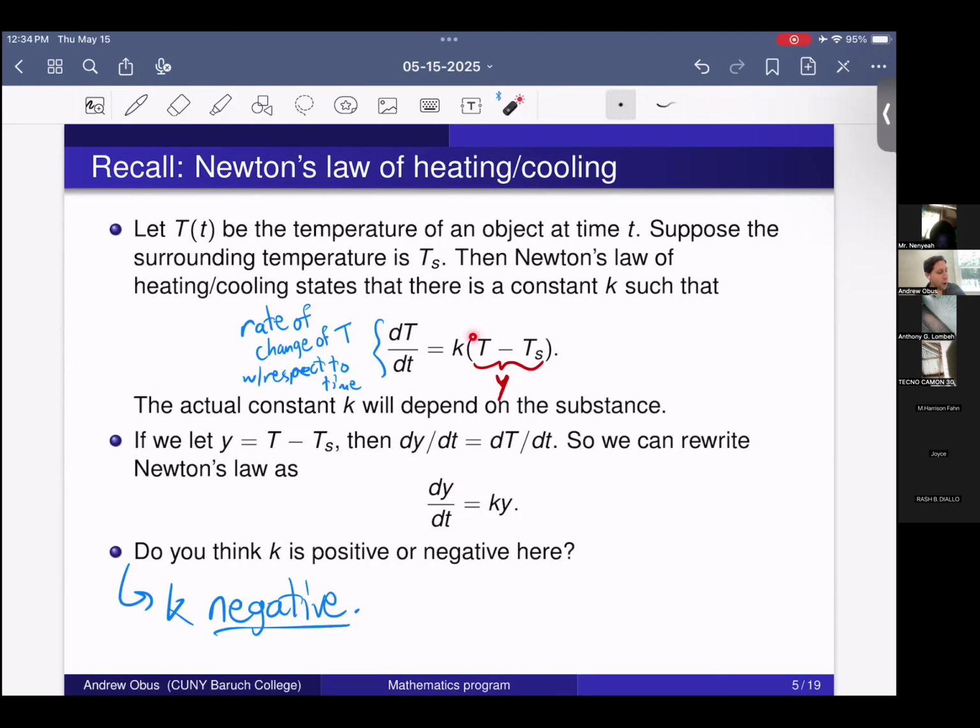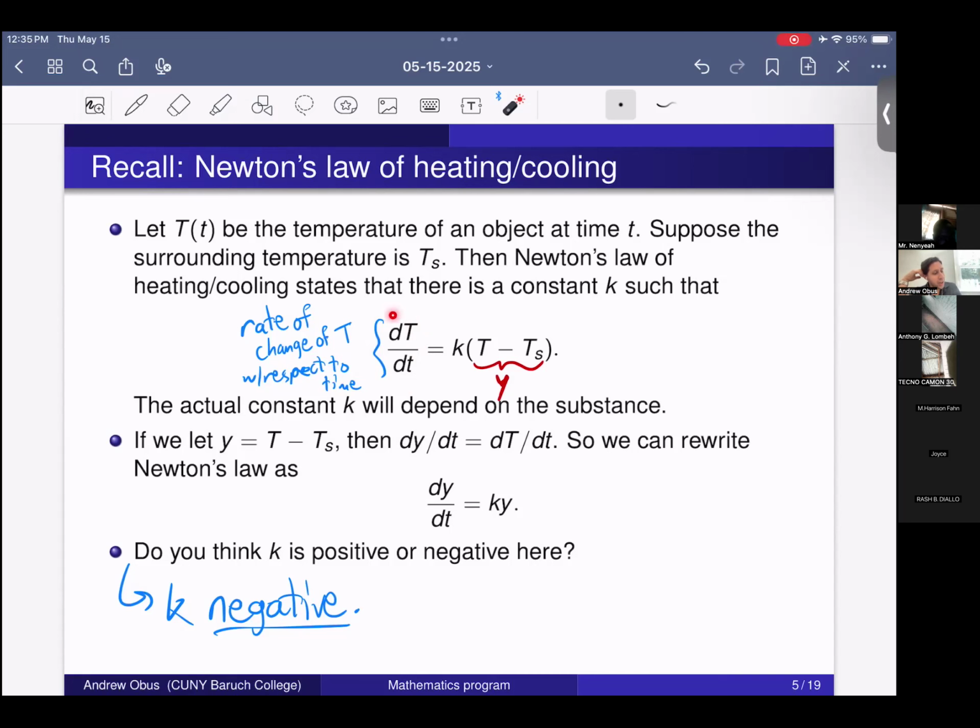That's because if your object is hotter than the surroundings, that means y is positive. If I leave out a bowl of soup and the soup is hotter than the temperature outside, what's going to happen to the soup? It's going to cool down, right? Or if I leave a block of ice outside and the ice is colder than the temperature outside, what's the ice going to do? It's going to melt. It's going to warm up, right?